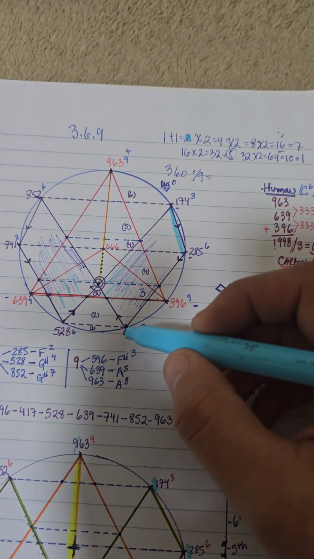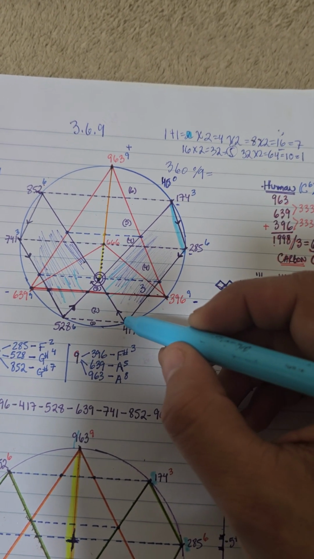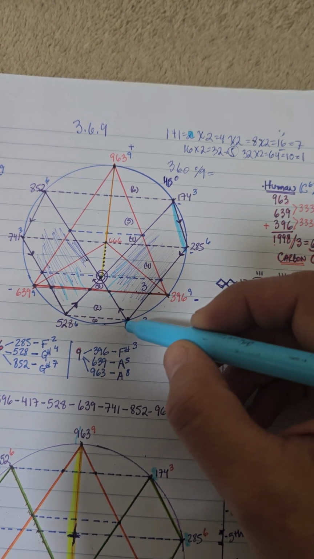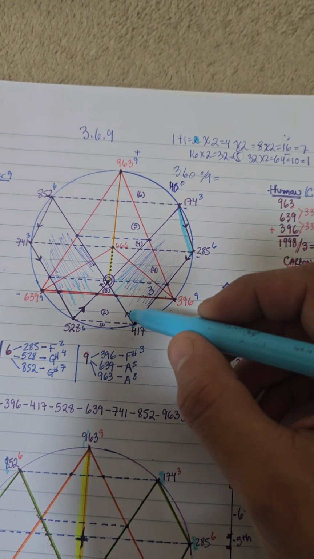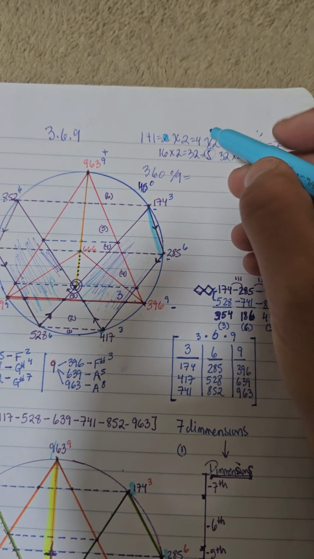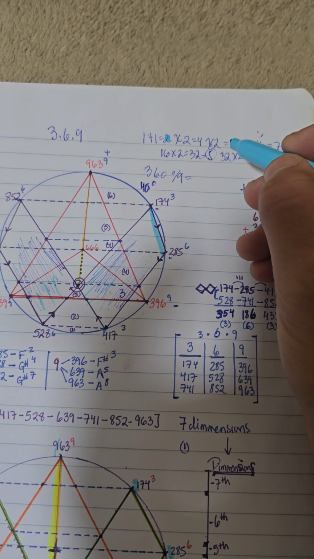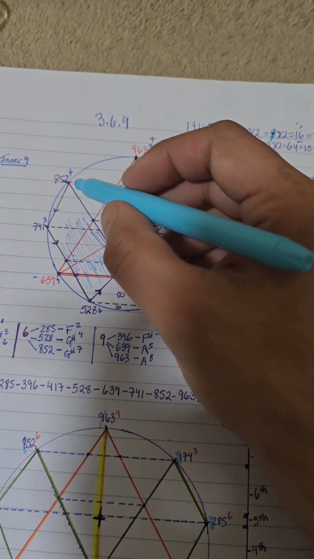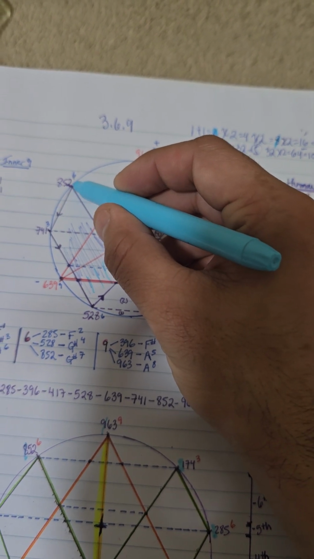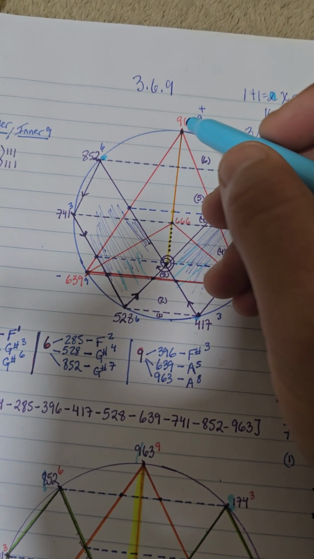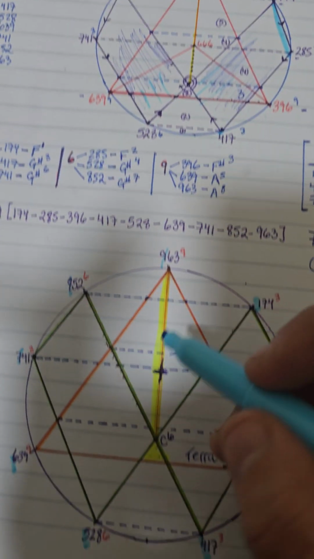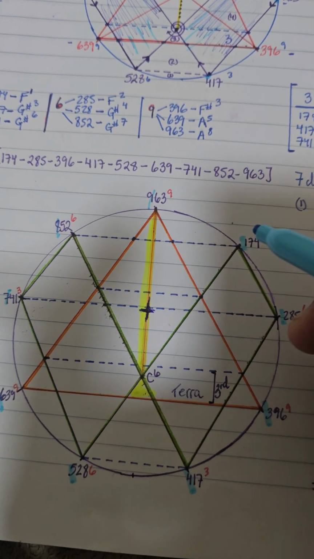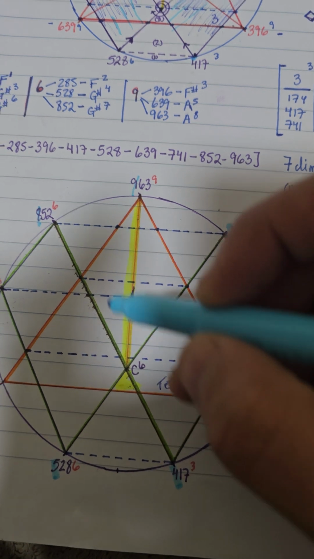2 times 2 is 4. You connect that dot to this dot. Four times 2 is 8. And then we connect that dot all the way up to the 8. Pretty much like this. 1, 2, 4, 8.